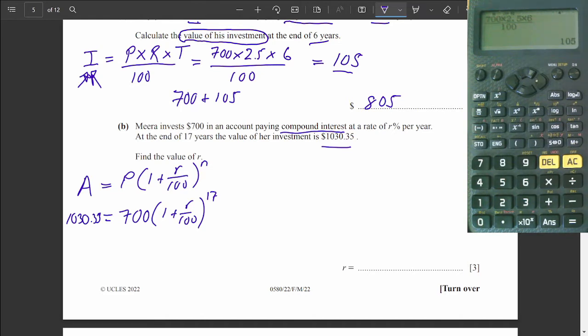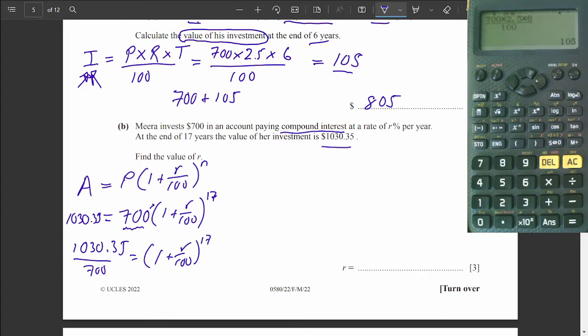So we're going to have to do some algebra here to solve that. So first thing I would do is take this 700, which means times, and divide it. Okay, so that will give us 1030.35 divided by 700 equals then all of this to the power of 17.